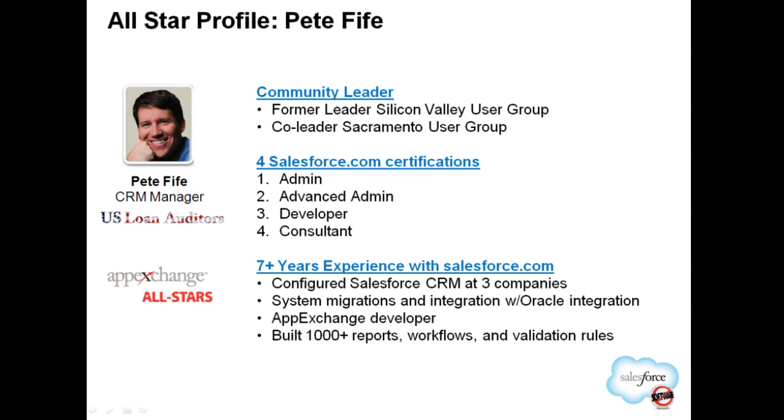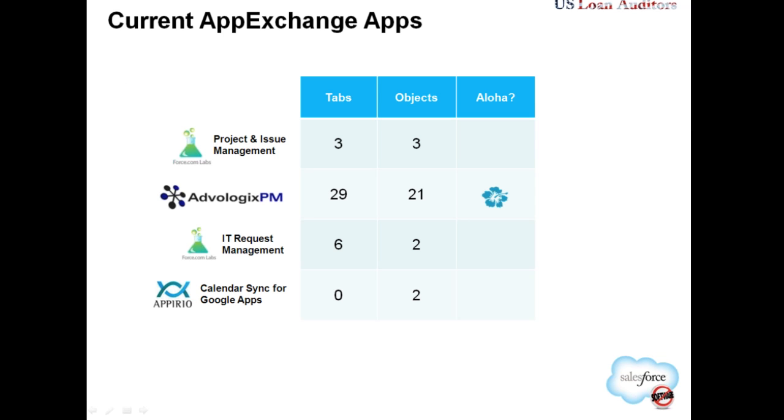So from that standpoint, let's go ahead and go on to the next slide. So my current AppExchange apps that we use here, anytime I come into a company, you guys just take a look at AppExchange.